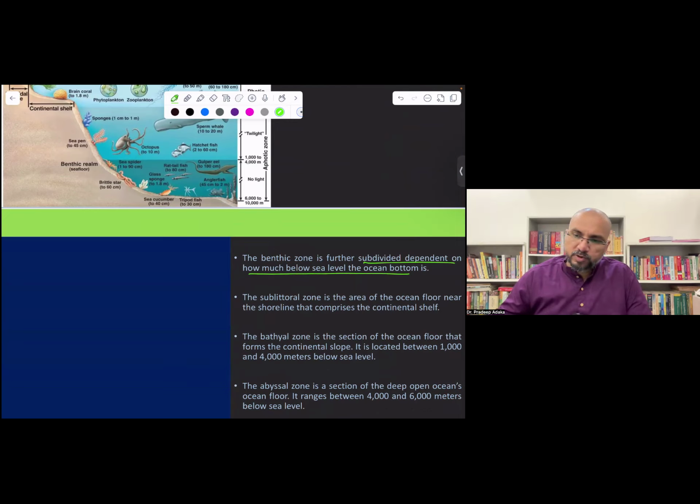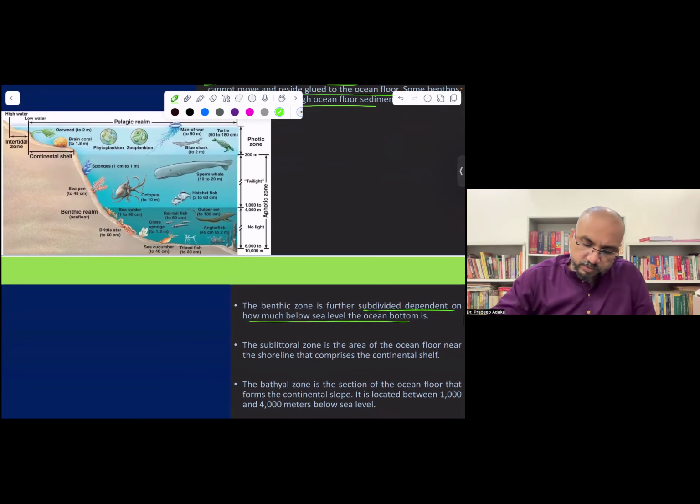So ocean bottom बोल रहे हैं, लेकिन ये ocean bottom जो है वो किस level पे है? Ocean bottom बोल रहे हैं, but at what level this ocean bottom is present? So you have sublittoral zone, ये continental shelf.